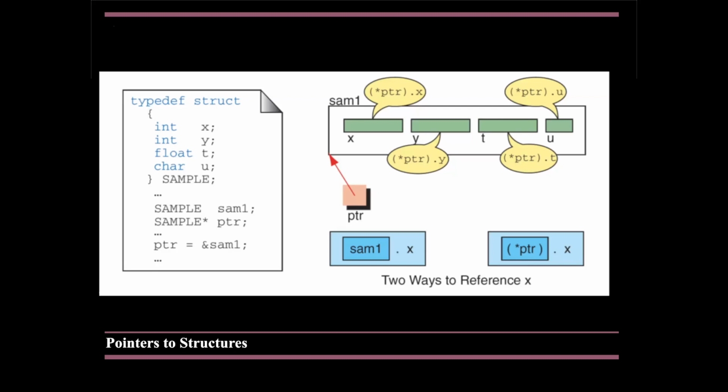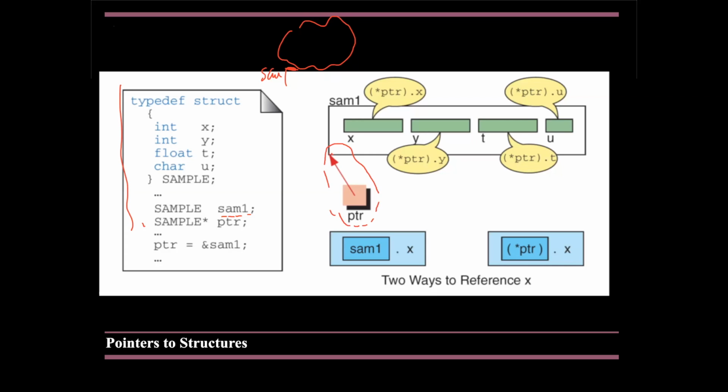The other operation I would like to consider is creating a pointer to a structure. Assuming that we have this structure called sample, and the sample is essentially just a block of memory in space. This sample has a reference, and this is SAM1 in memory. We create a pointer that points to it, as you can see right here.